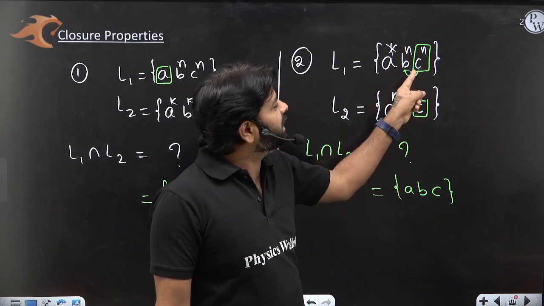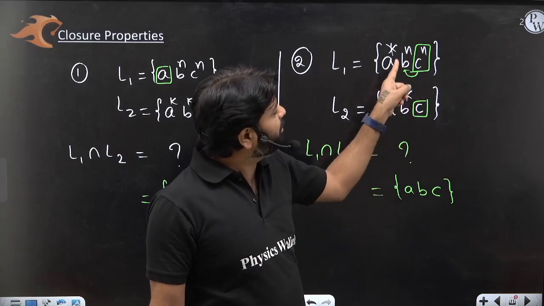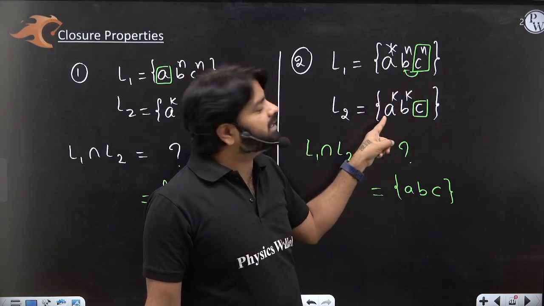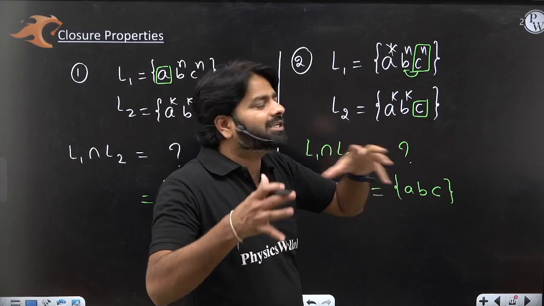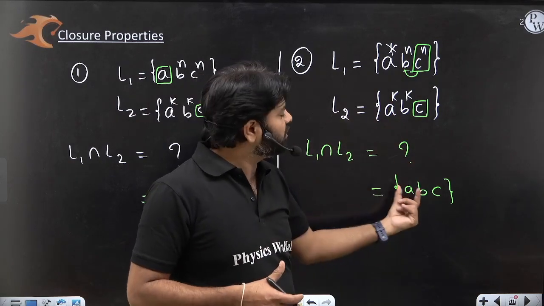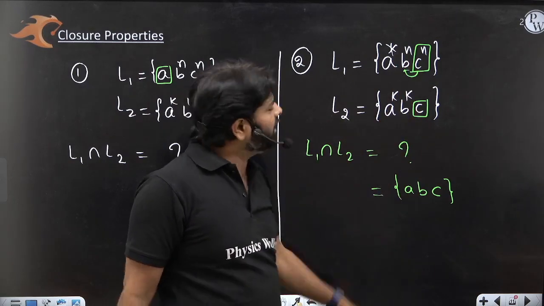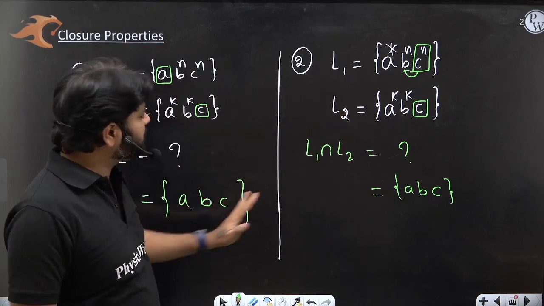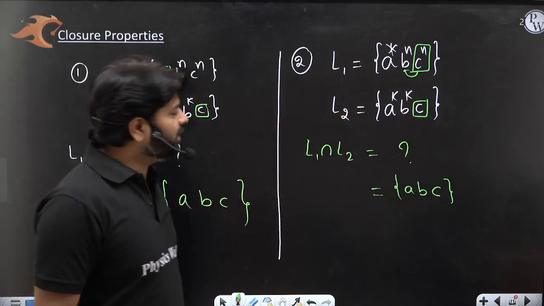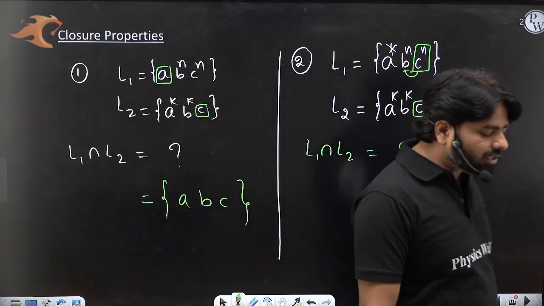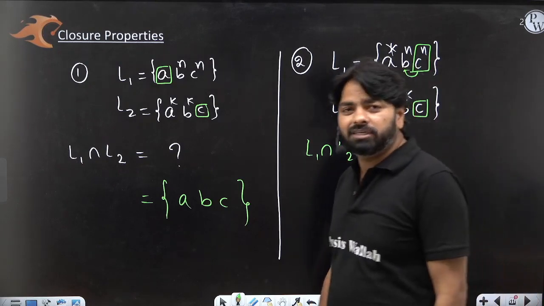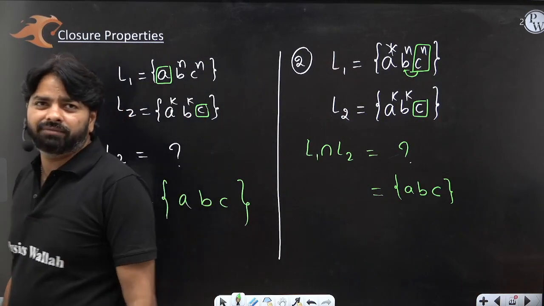So you should get c power 1, then b power 1, then a power 1. So interchangeably you need to understand there's only one string common to both. These two are not the same examples, but the answer is the same for both. So this is a very important concept in context-free languages, or deterministic context-free languages.